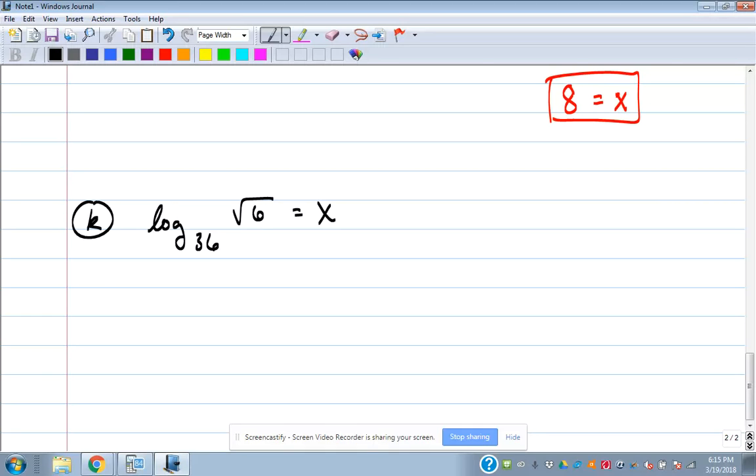Let's rewrite it as an exponential. What's the base? 36 to the x equals the square root of 6.